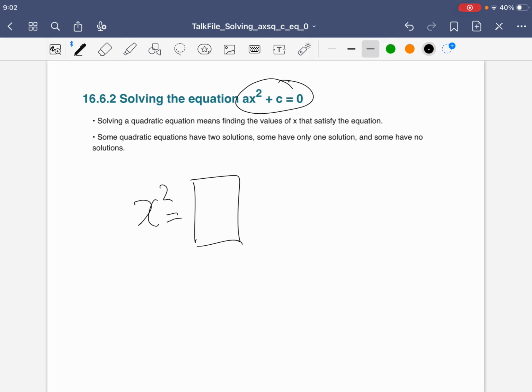That's how you find the values of x. I said values because there will be two values. Not all the time, maybe sometimes you are not gonna find any x or only one, but in general there will be two values that satisfy even just one equation.